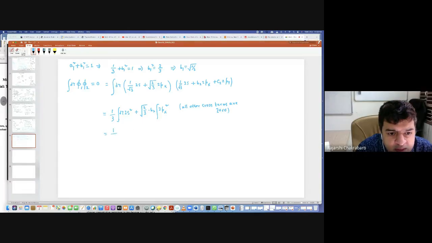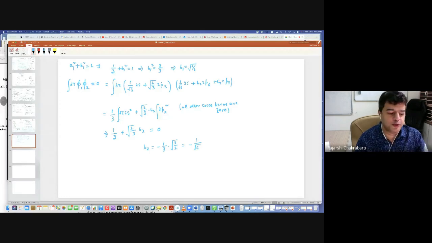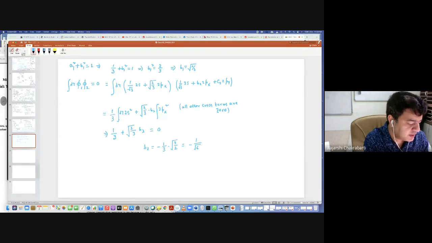This is 1/3, because this is normalized, and this one will give me plus 2 by 3 b2, and that has to be equal to 0, isn't it? So b2 is minus 1 by 3 into root over 3 by 2, which basically means minus 1 by root 6. This is the value of b2. You're fine with it?